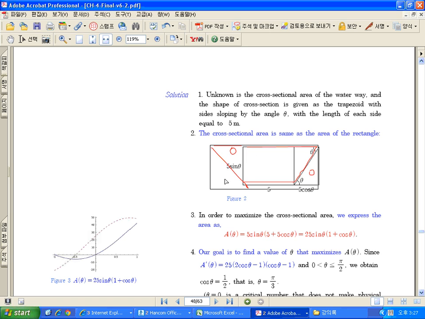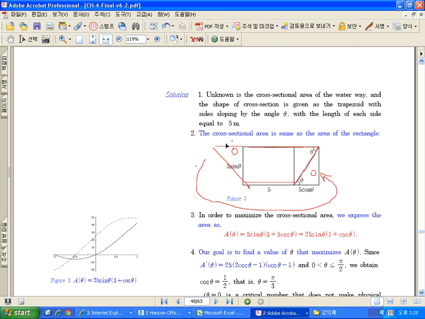So we may move this area to here to make one rectangle. Then our problem is just finding the theta that makes this area the largest.